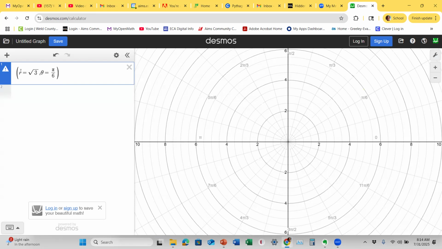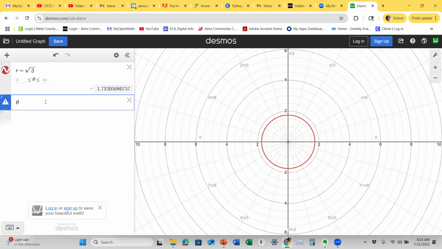Would that be good enough? Now it doesn't know what to do. It does understand the r, but it doesn't understand the theta.